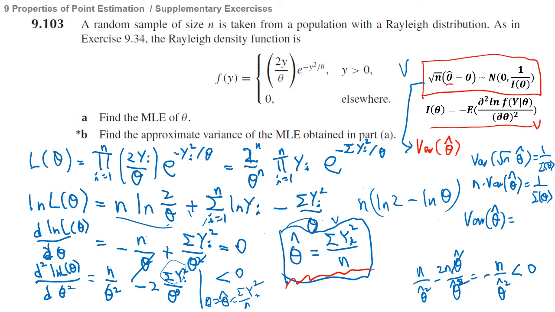This is 1 over n times information theta. So we know this one, and so now problem B becomes just finding I theta and putting it in the equation. I will explain it in the next slide.